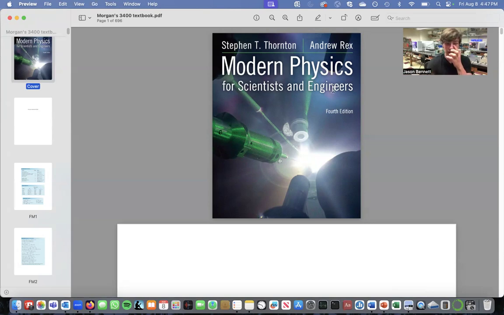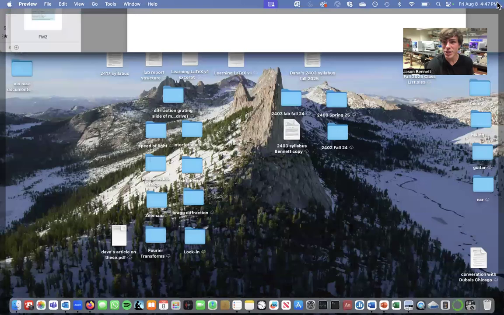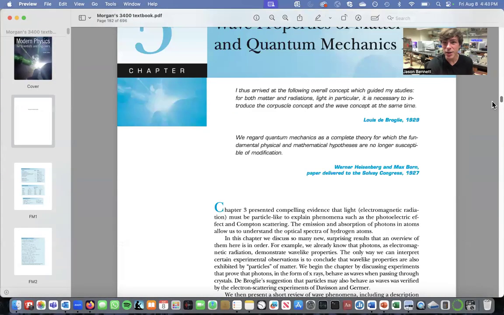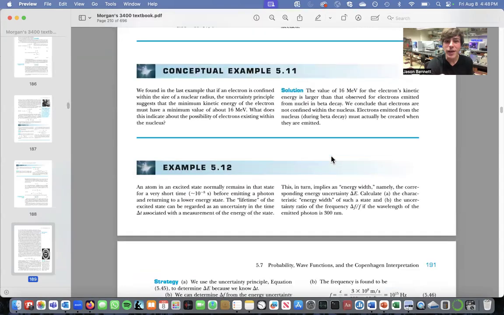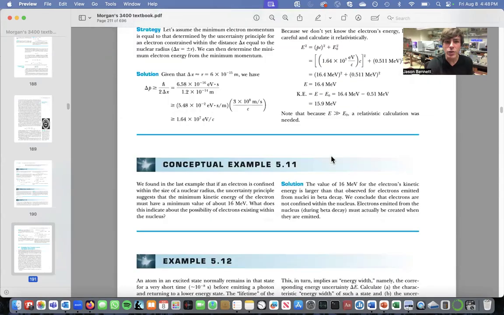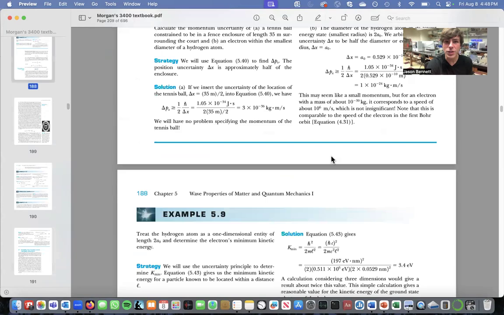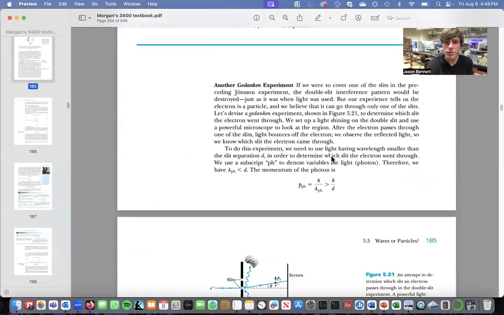So occasionally I will be referencing what's just called Morgan's 3400 textbook. This is a textbook that y'all used for your modern physics. And like I mentioned, the double slit is actually not mentioned very much at all. So I just wanted to remind everyone where this definition and derivation comes from.